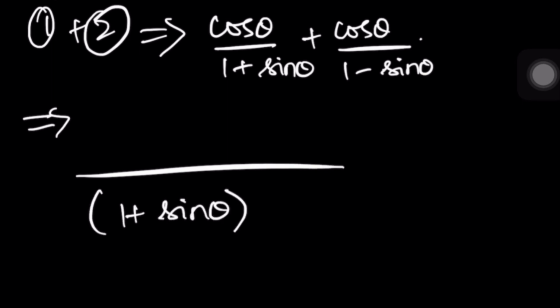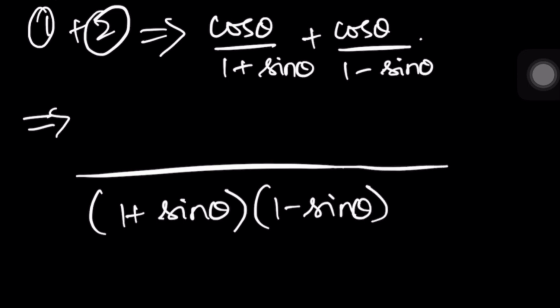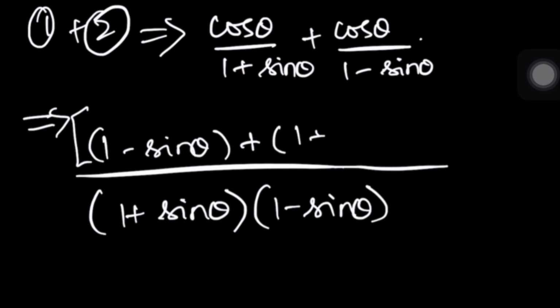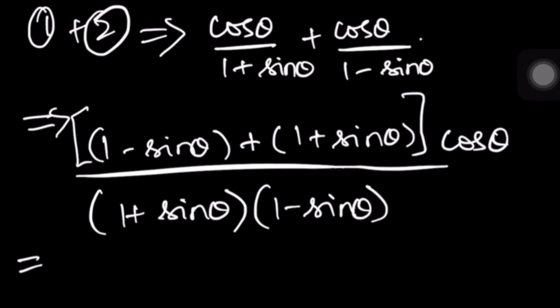This yields, I have 1 plus sin theta into 1 minus sin theta in the denominator, and in the numerator I am taking cos theta as common term. So I get cos theta into (1 minus sin theta plus 1 plus sin theta).